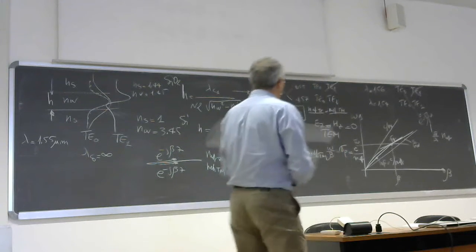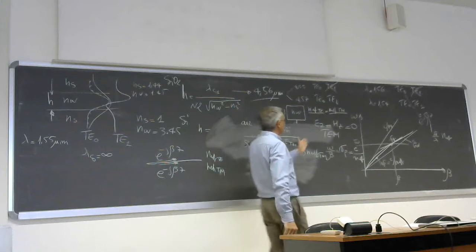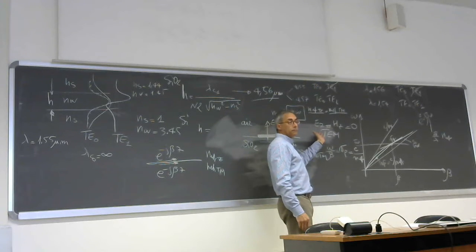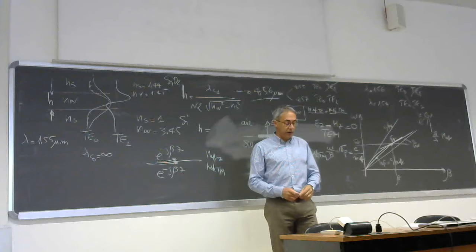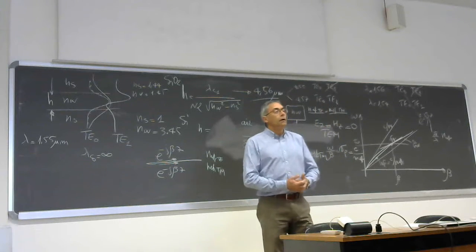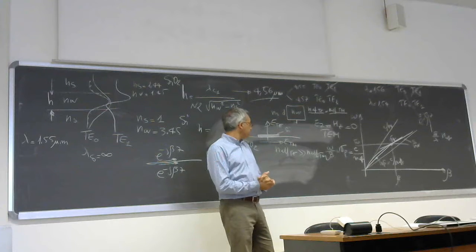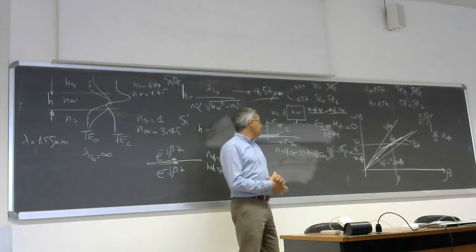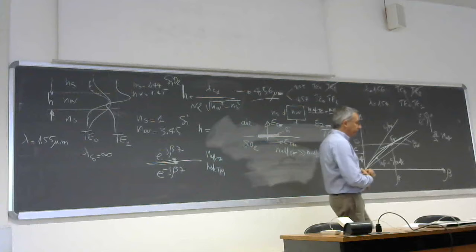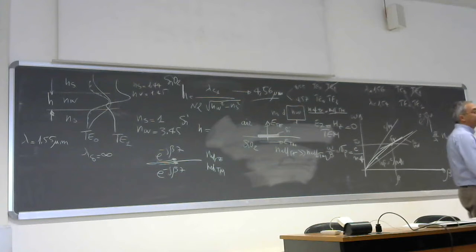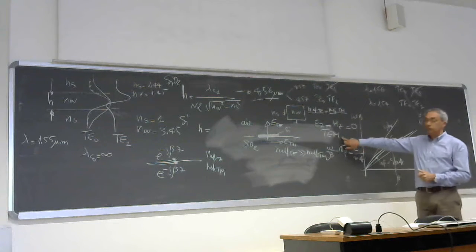And this is the solution for a plane wave in free space. Sometimes in some guiding structure you can arrive very close to this condition, so maybe you can say this is a TEM mode, but rigorously it is not TEM. And in dielectric waveguide you never reach this condition.